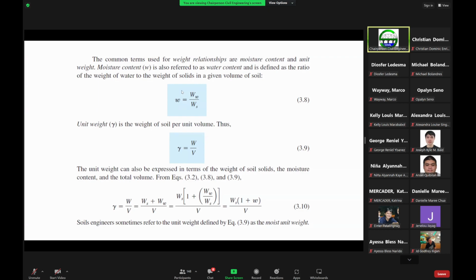Later on, in unsaturated soil mechanics, normally we try to understand the behavior of the unsaturated soil in relation to gravimetric water content, volumetric water content, as well as the degree of saturation. Now, these parameters are expressed in terms of percentage.